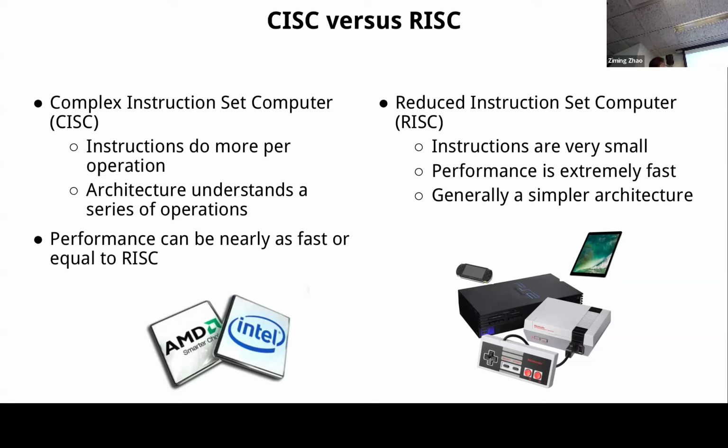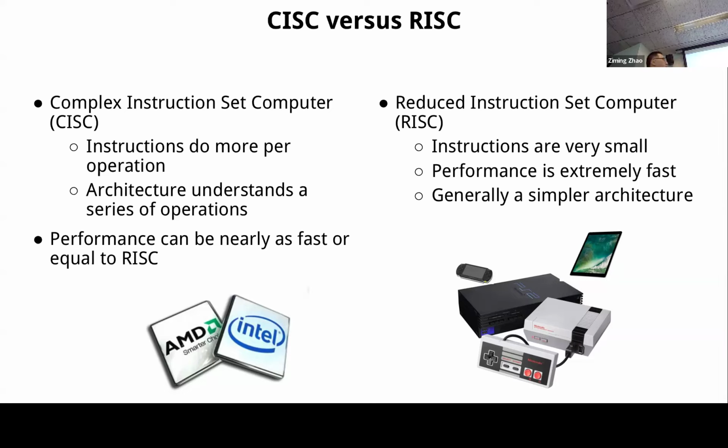However, for a CISC computer, inside the CPU, because the instructions can be very complicated, they need much more physical space for the decoders and the execution modules. So you need more physical resources on the CPU. For the RISC architectures, everything is simple.